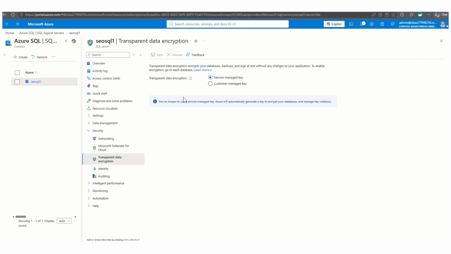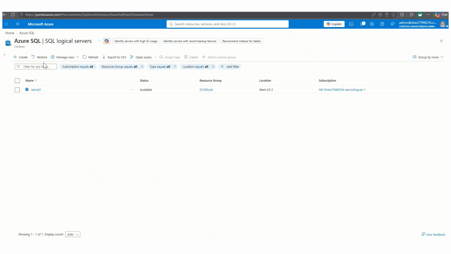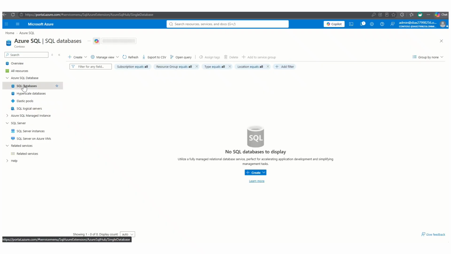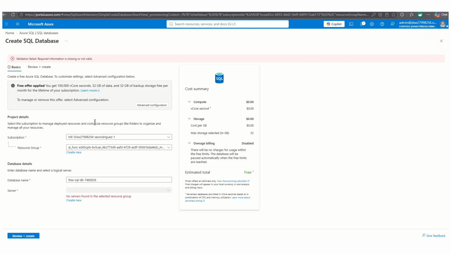Now, if you want to go into the database and look at the encryption, I don't even think we have any database at all. Yeah, so there's no databases, but if we look at the SQL database free offer, let's take a look at the kind of things.